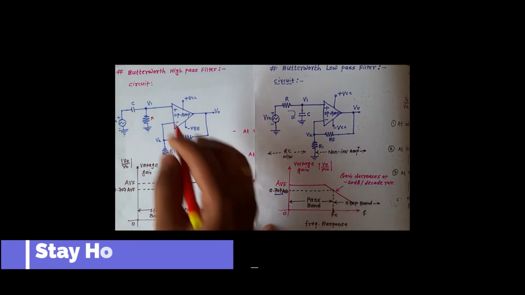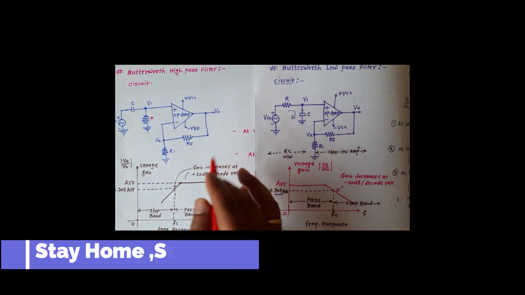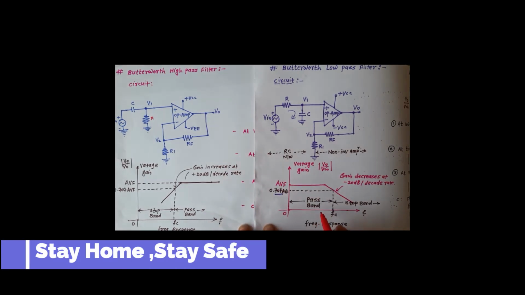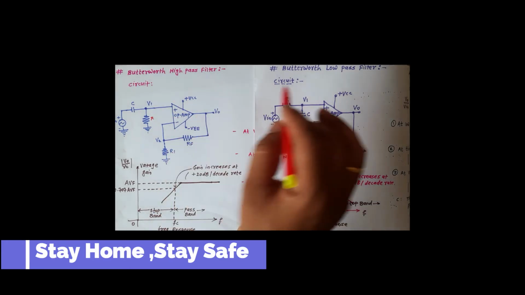We discussed what Butterworth means. In Butterworth, the frequency response is flat over the passband region, and here also the same, the frequency response is flat over the passband region. That is a Butterworth.